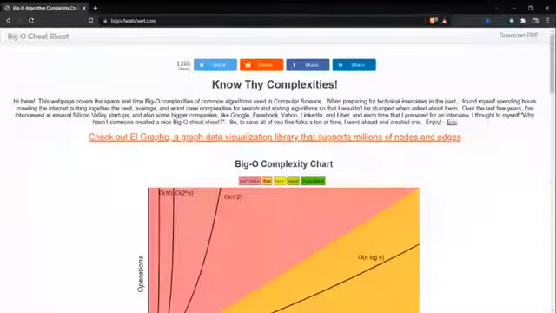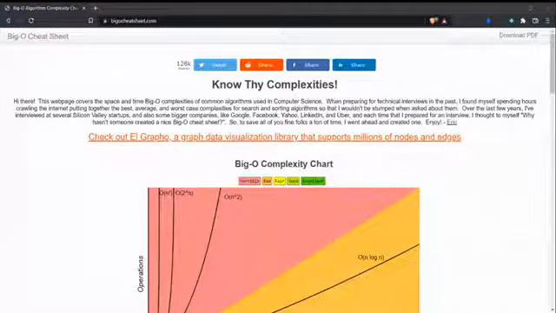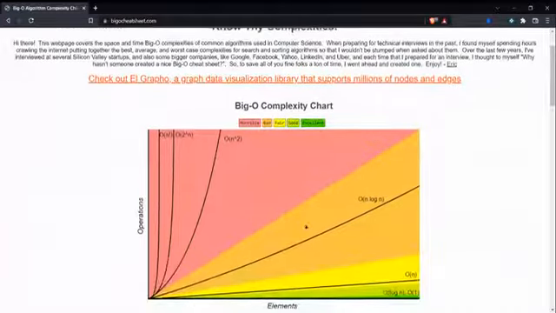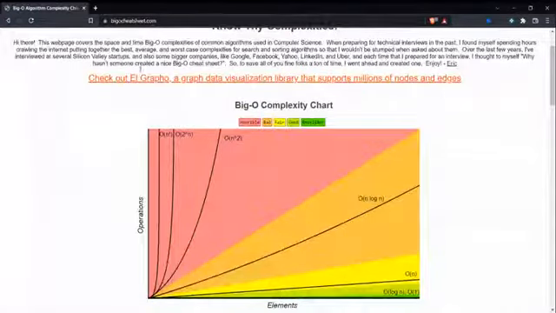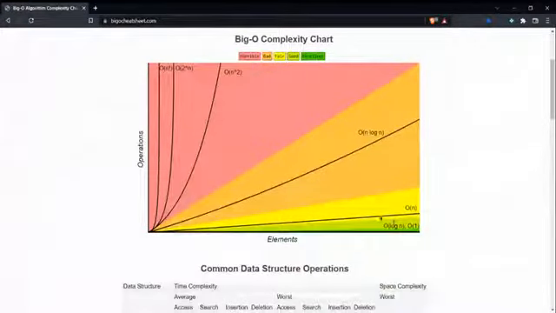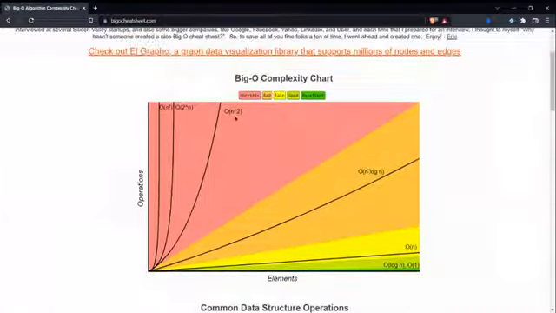Every time you have to refer to this chart, this particular site. This is bigocheatsheet.com. In that you can clearly see the comparison of every complexity. Order of 1 is the greatest compared to log n, then order of n, then n log n, order of n square, order of 2 raised to n, and order of n factorial.